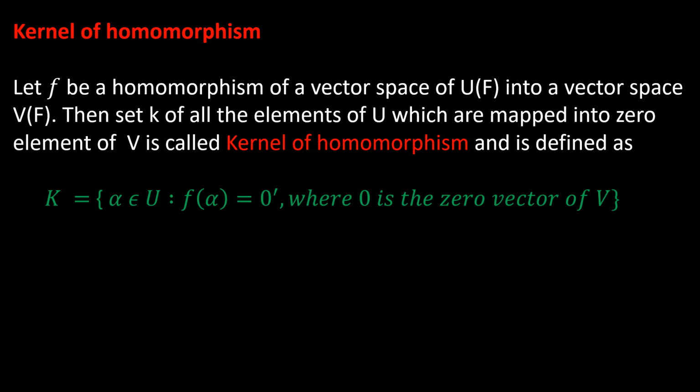Now we discuss the kernel of a homomorphism. What is the kernel of a homomorphism? Let f be a homomorphism of a vector space U(F) into a vector space V(F).